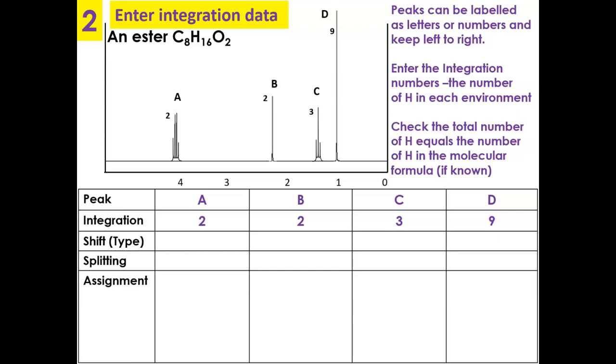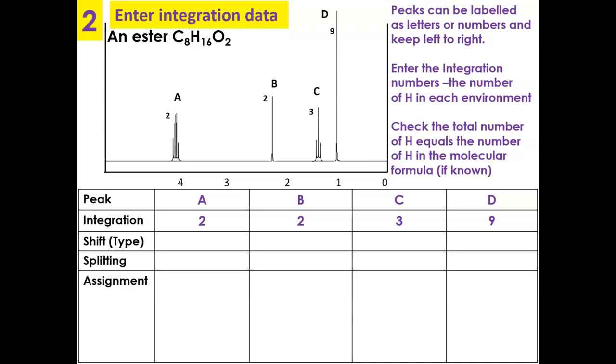So what that means, of course, is that in peak A, there are 2 hydrogens in that particular environment. In peak B, there are 2, and in peak C, there are 3 hydrogens in that environment. Peak D, there are 9, which of course is different and interesting, but is of course 3 lots of 3.